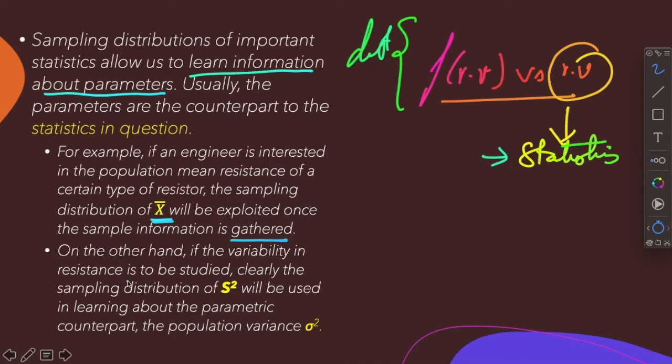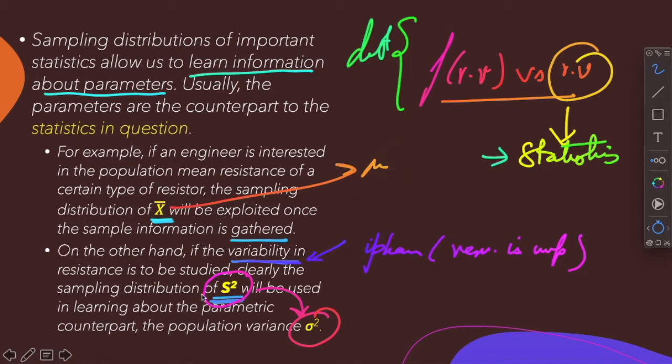On the other hand, if the variability of the resistance is to be studied, as in the example of the iPhone where variability is important, then we have to take the information s square from the sample and compare it with the source variance. But in case the average is important, we will compare it with respect to the source mean. So these are the cases where we can have the sampling distribution.